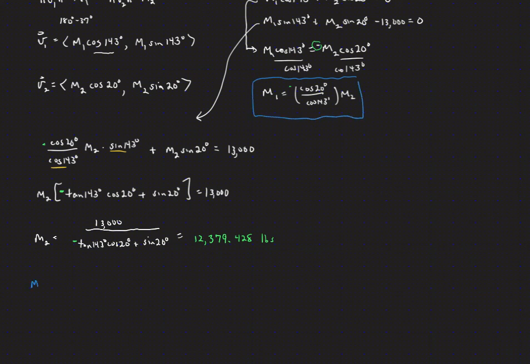And so M1 is going to be, let's see, we're going to get our M2, so we're going to go negative cosine 20 divided by the cosine of 143, and then I'm going to take that times and then grab that answer that we got for M2, and that I'm getting now to be 14,565.915, and that's going to be in pounds.